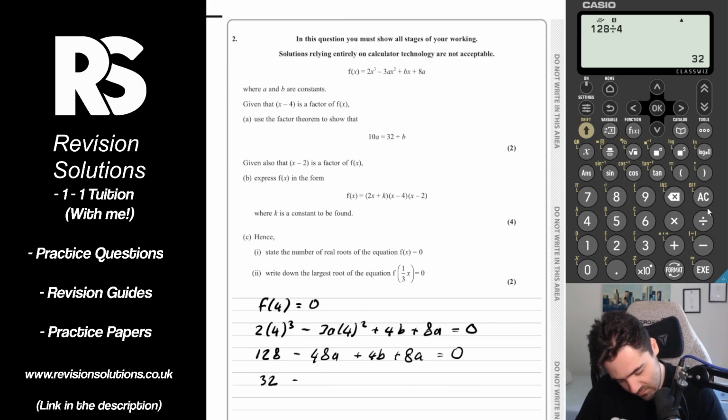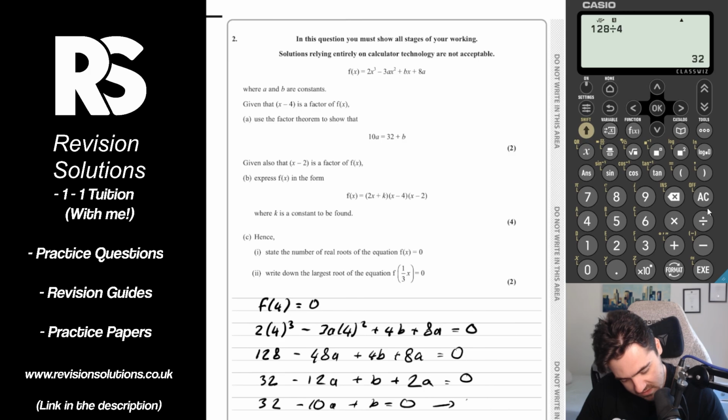Then it'd be minus 12a plus b plus 2a. Then if we bring the a's together, that would be 32 minus 10a plus b equals 0. And if we rearrange that, we were at the answer they asked for. So that's 10a equals 32 plus b.